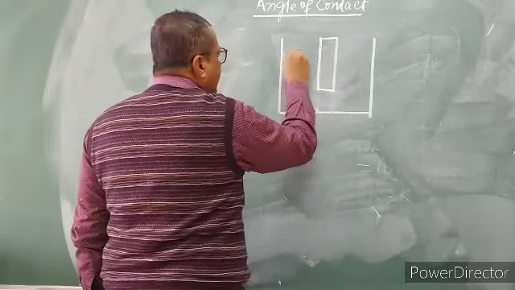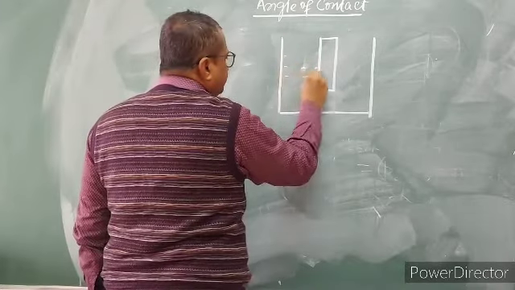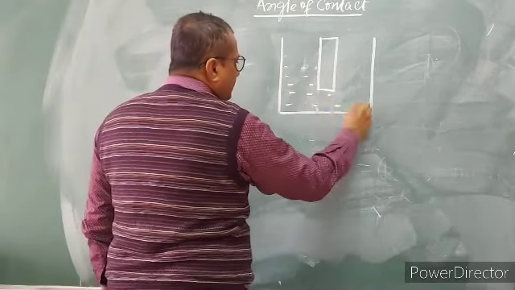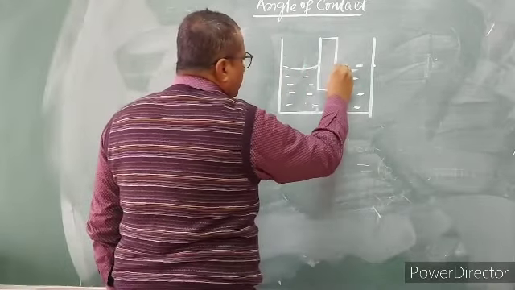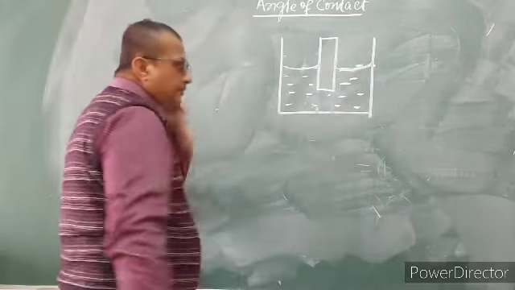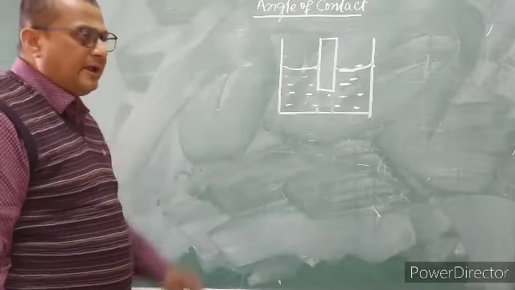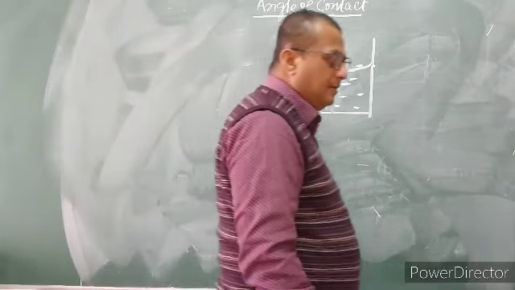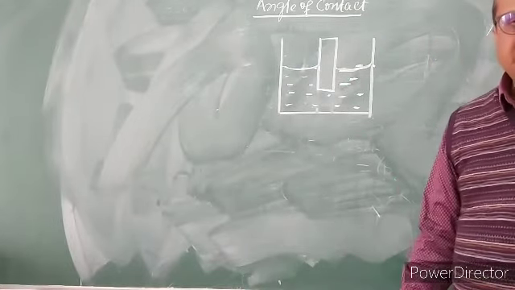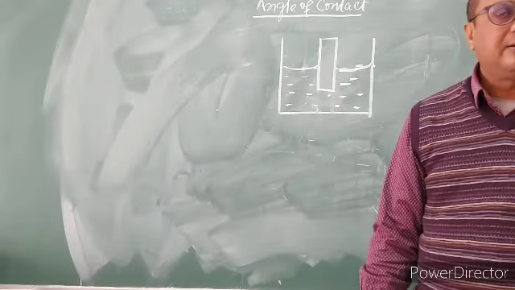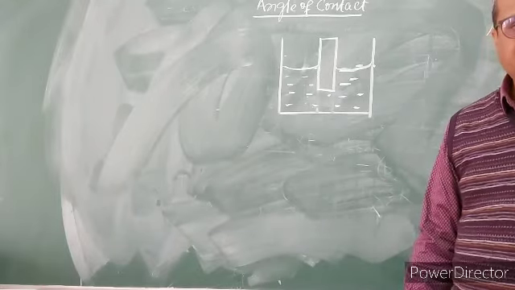It is kept here, and liquid is kept here. Angle of contact, from the name it is clear, the position where there will be contact, an angle will be formed.